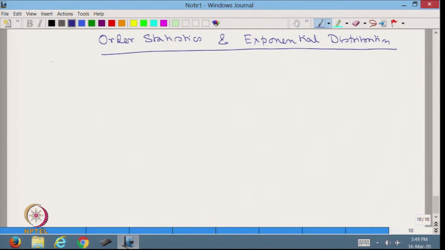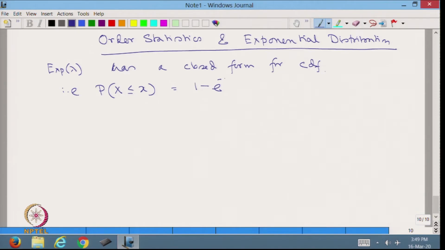As I have said before, exponential lambda has a closed form for CDF, that is, probability X less than or equal to x is equal to 1 minus e to the power minus lambda x.